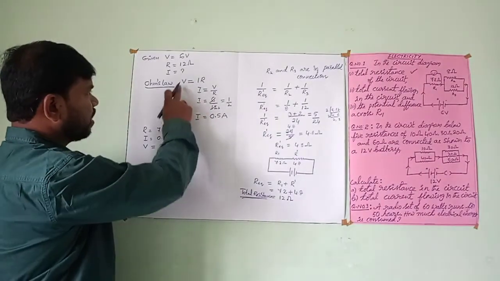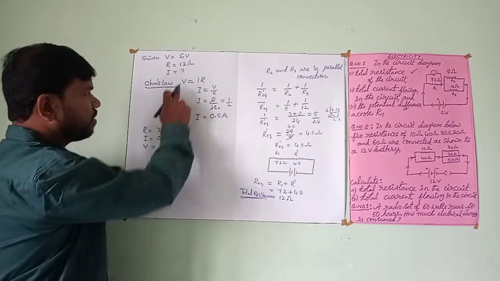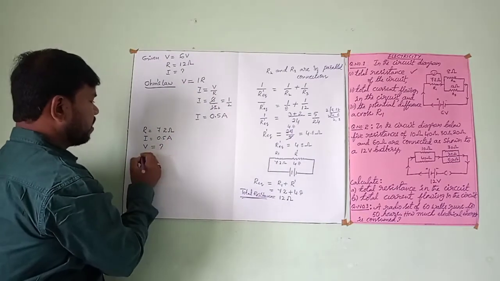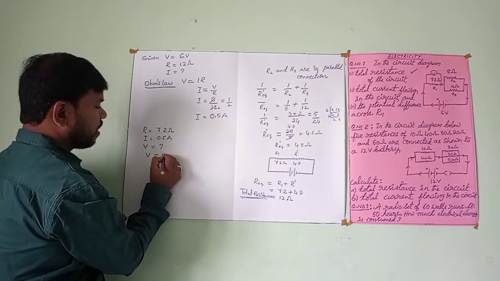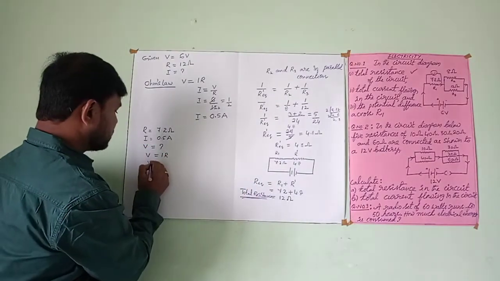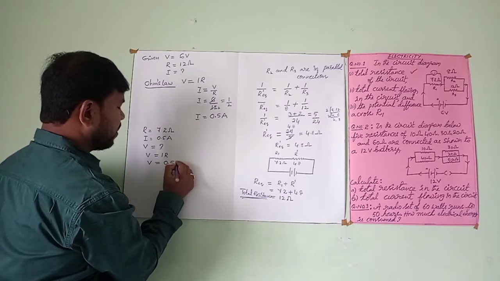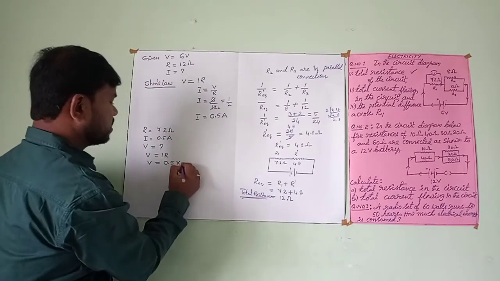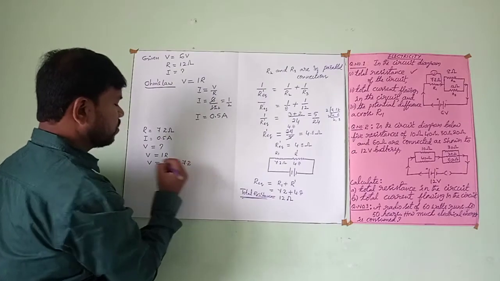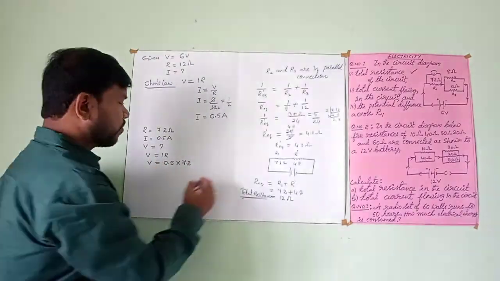So same formula according to Ohm's law, V is equal to IR, right? Now I am substituting V is equal to I, 0.5, into R, 7.2. So we need to calculate 0.5 into 7.2.